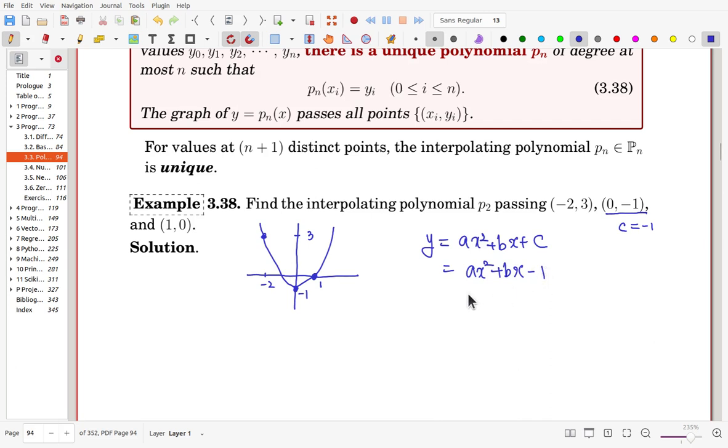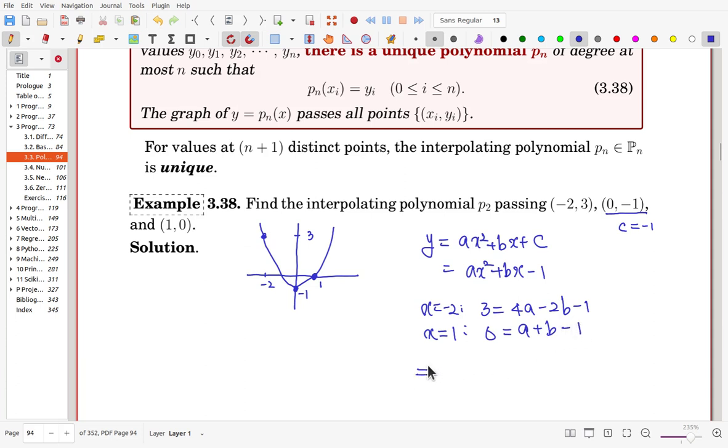Now, we can decide a and b by using the other 2 points. Now, x is minus 2, then y equals 3, and minus 2 means 4a, minus 2b, and minus 1. And x is 1, then y equals 0, so 0 equals a plus b minus 1.